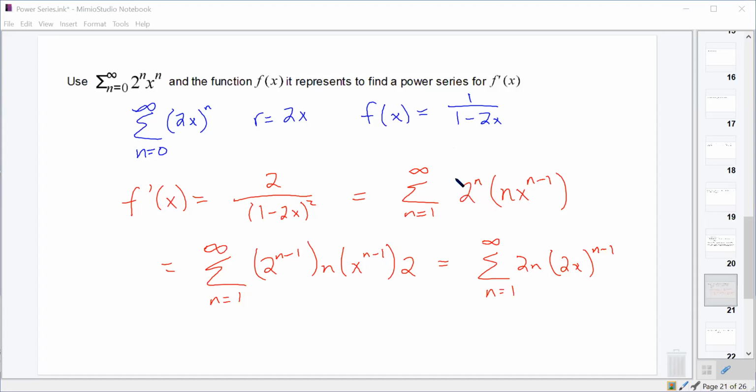And so if I turn 2 to the n into 2 to the n minus 1 times 2, right? 2 to the first and 2 to the n minus 1 is just 2 to the n. That's the same thing. I can then put the 2 to the n minus 1 and the x to the n minus 1 together as 2x to the n minus 1, and then just multiply by 2n. This is normally the form we'd try to write it in.